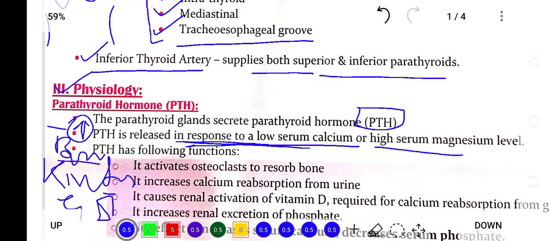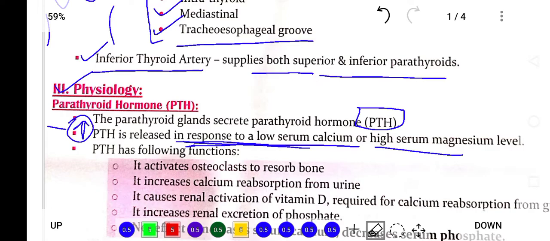So when calcium level in the blood decreases, bone becomes demineralized and calcium is released into the blood, and the kidney reabsorbs more calcium, and from the GIT calcium is absorbed as well. So this is the physiology.